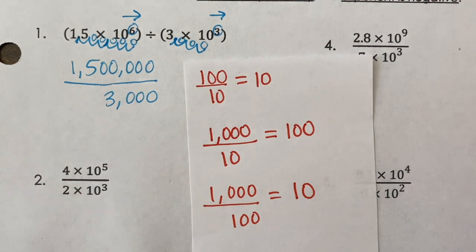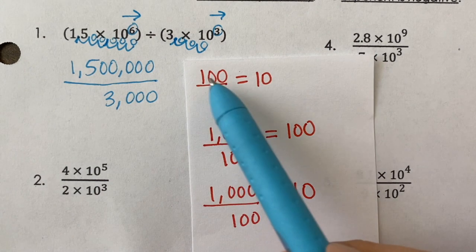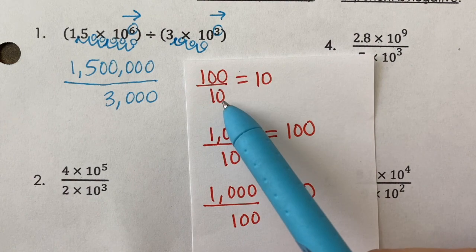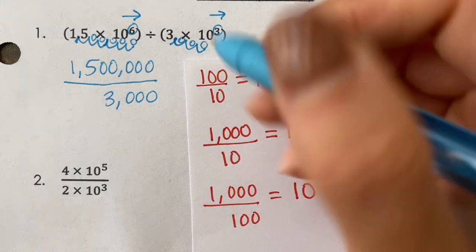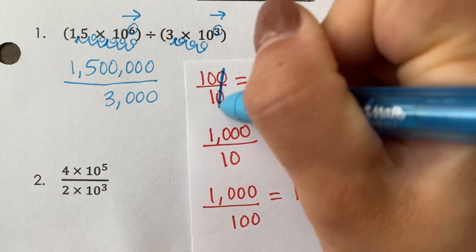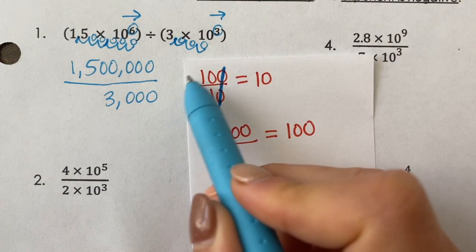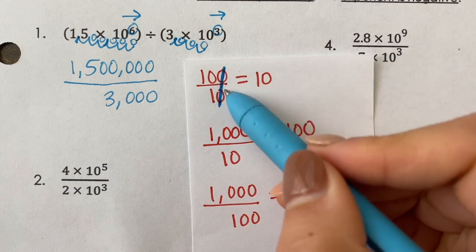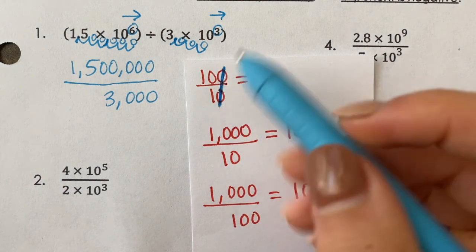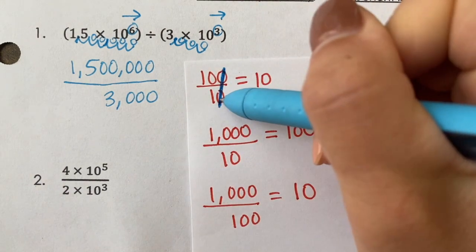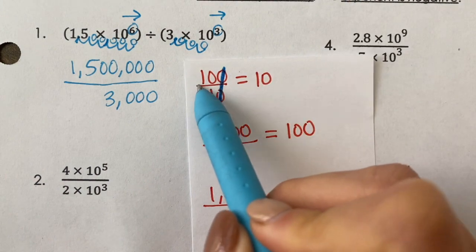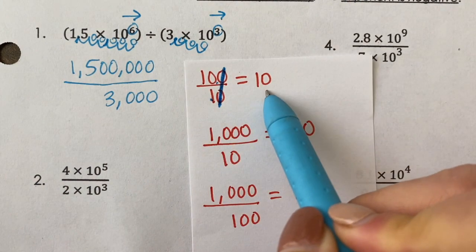So if you notice, you have a lot of zeros here, and there's a little trick. Instead of looking at the whole thing, you can start canceling out zeros, every pair that you have, and then it makes your number smaller. It's kind of like powers of 10, okay? So you can cancel those out, and the real problem is 10 divided by 1, which is 10, okay?